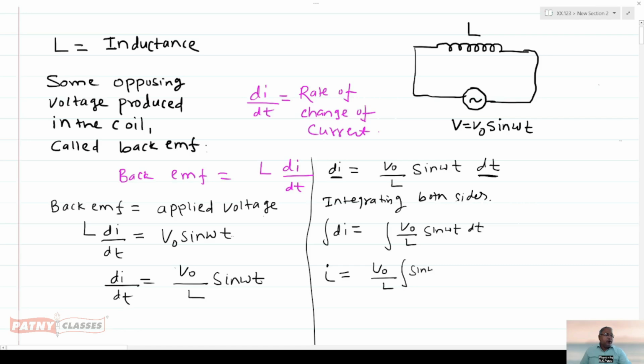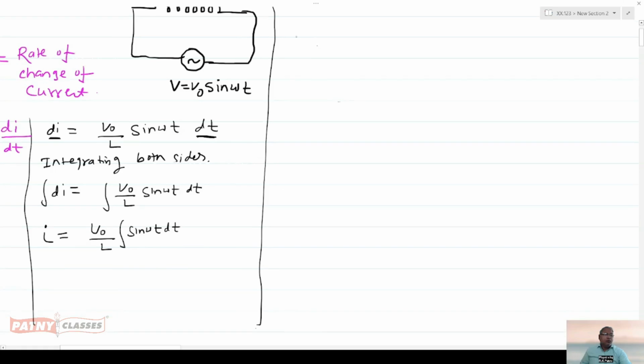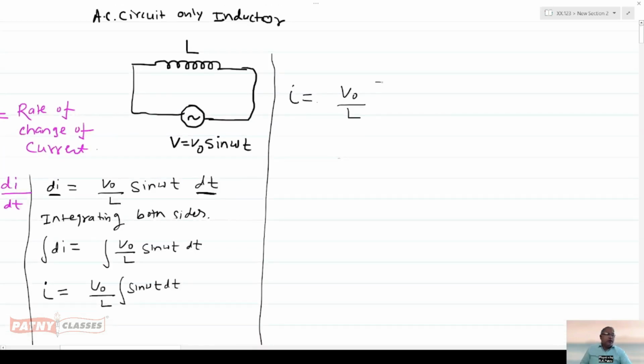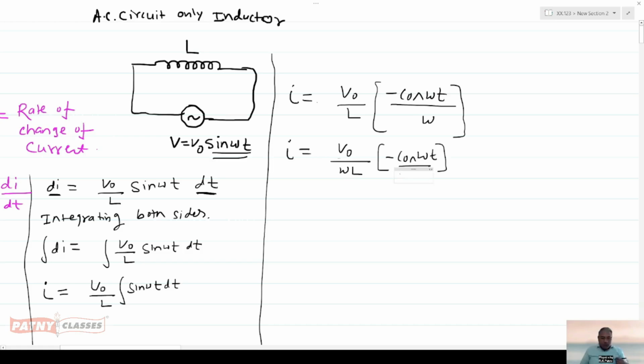Integration of sin omega t with respect to t is minus cos omega t upon omega. Therefore, I equals V naught upon omega L times minus cos omega t.